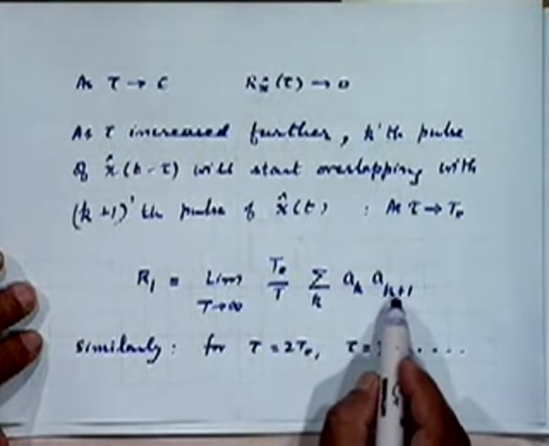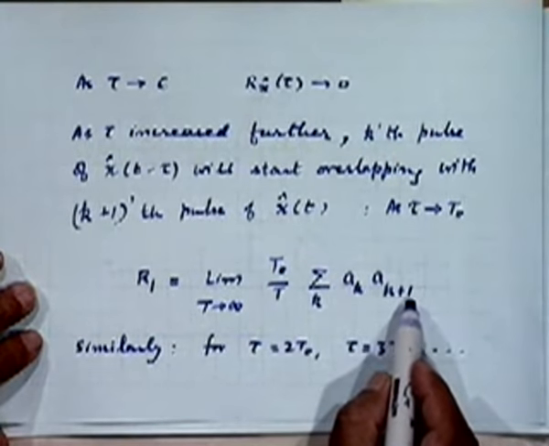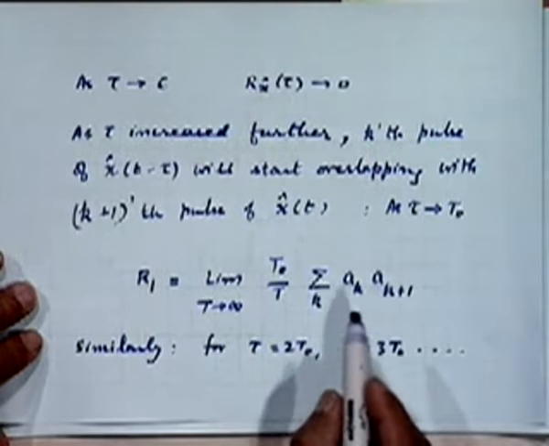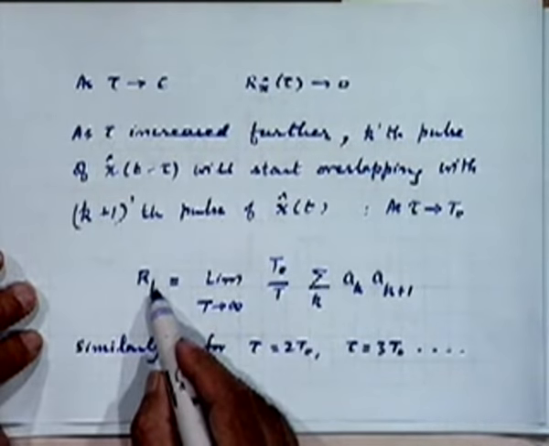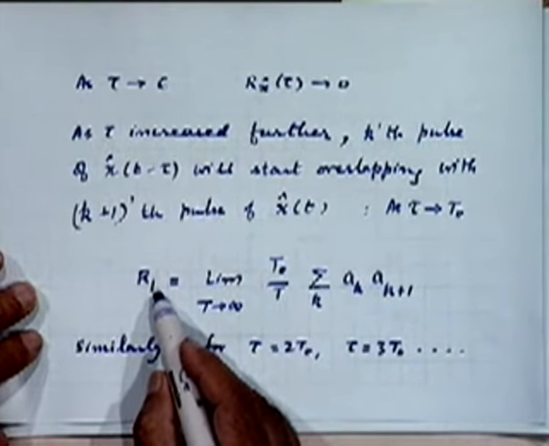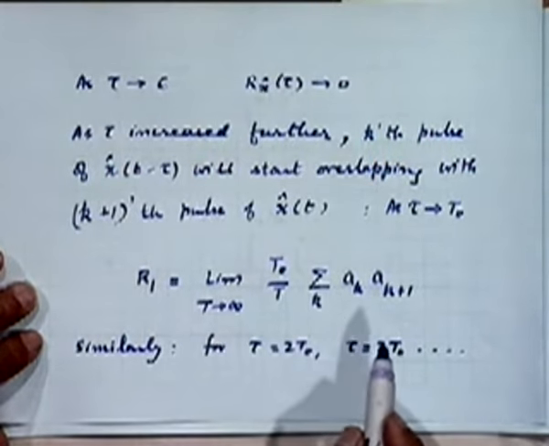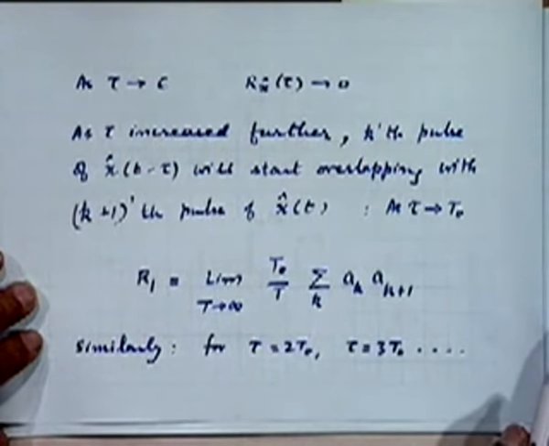This will be a_k into a_{k+n}, right? That is the value that will govern the amplitude of the triangle located at tau equal to n t0. So R sub n will be governed by the summation of a_k into a_{k+n}.